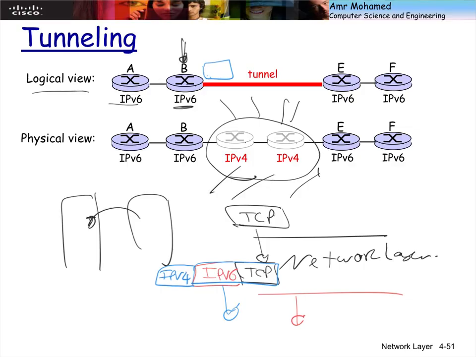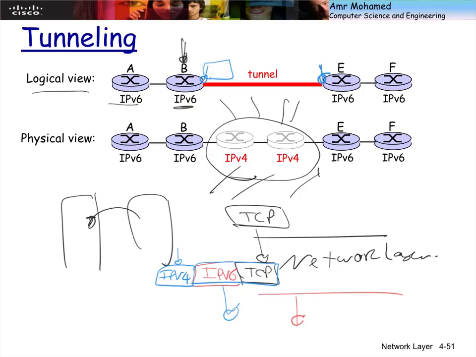That's it. And the most important thing is to control the source address and the destination address for this IP version 4 header. The source address will be the beginning of the tunnel, and the destination address will be the end of the tunnel. Why? Because at this destination, we need to do detunneling, or the reverse operation.